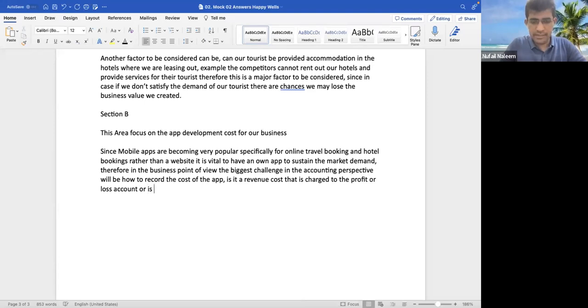Or is it a capital cost, which is capitalized as non-current asset in the statement of financial position.